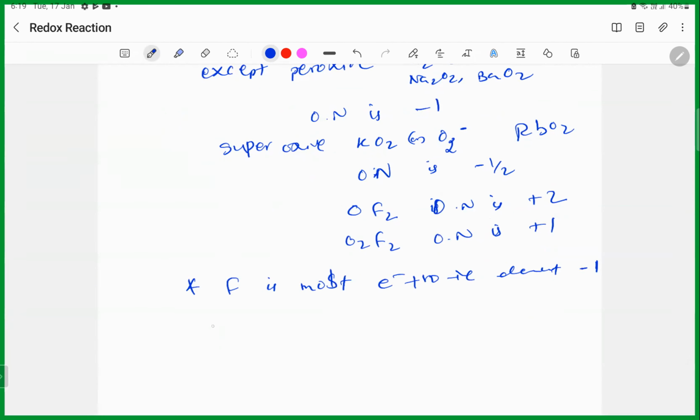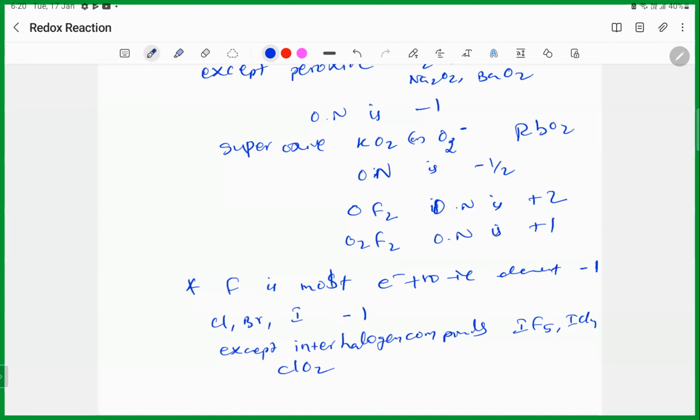Other halogens, chlorine, bromine, iodine, also at times become -1, except in interhalogen compounds like IF5, ICl4, ClO2. At that time it may vary.